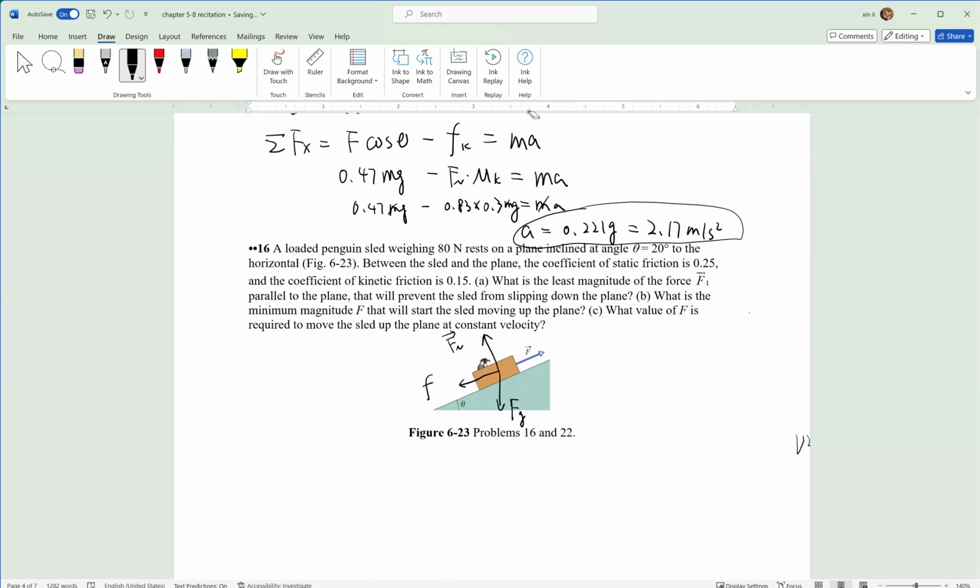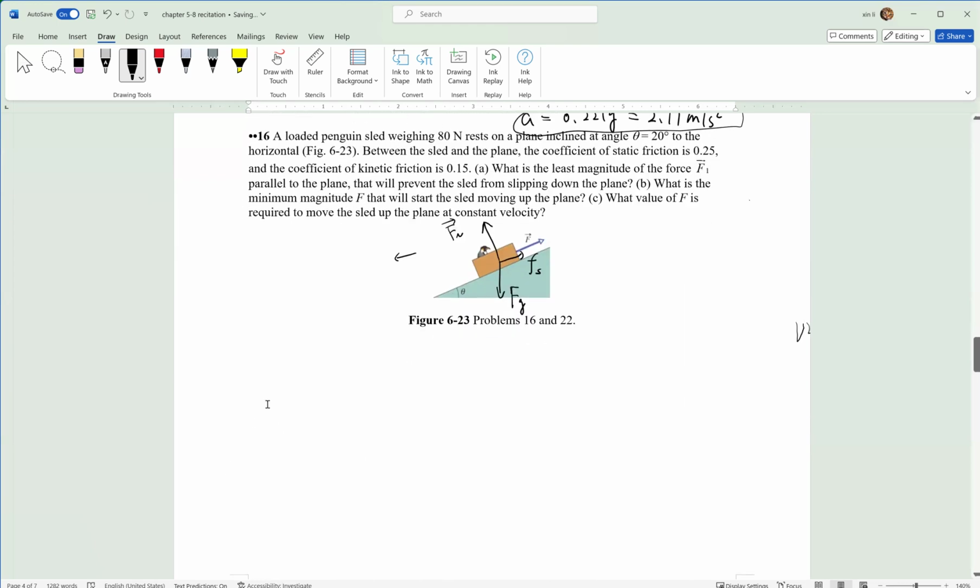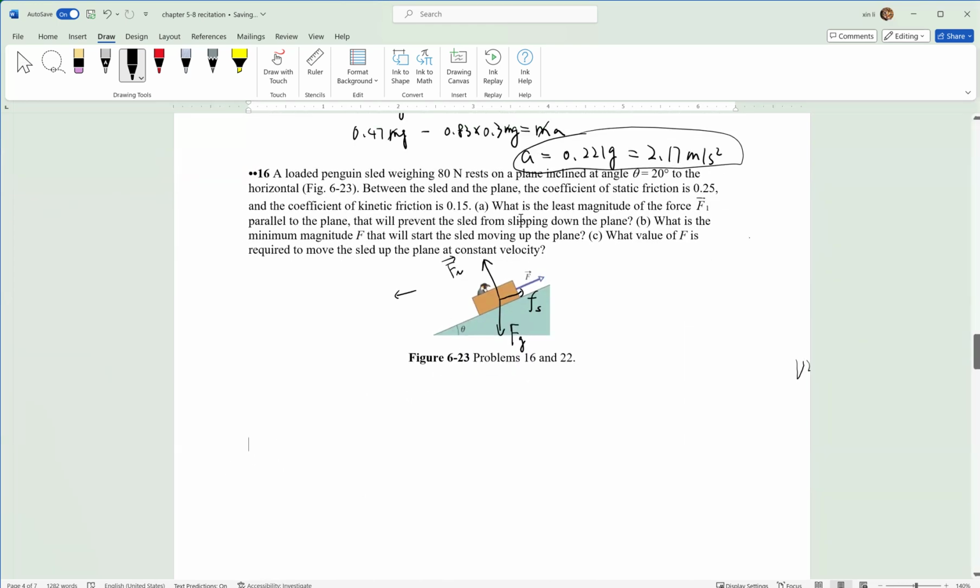Slipping down is this direction, so our static friction should be going up. This is part A. Let me do the free body diagram one by one, because for B, when it is moving up, your friction will go down.